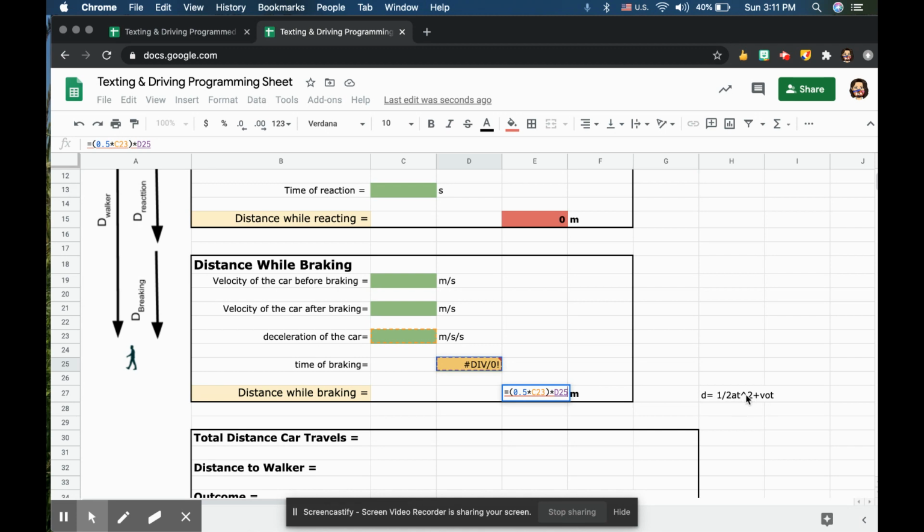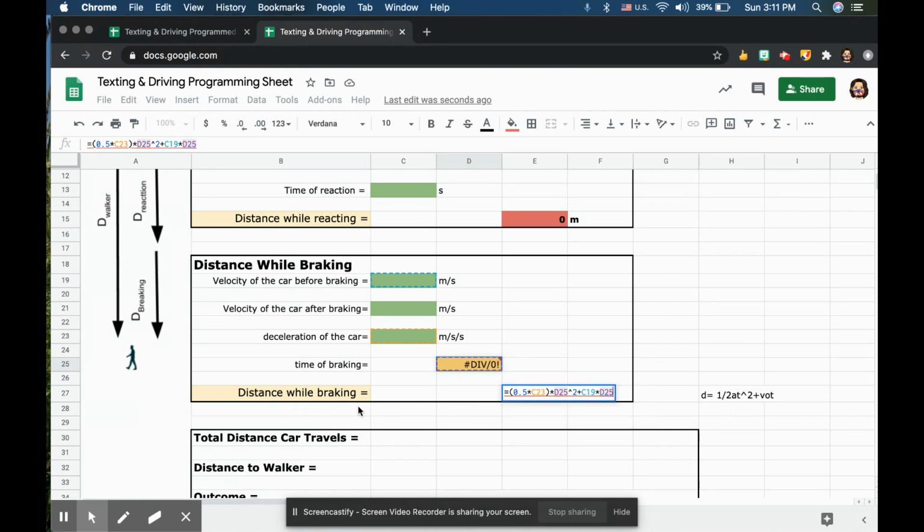So to get this caret to show squaring, I'm going to do Shift 6, which gives me the caret, and type in 2 for squared, plus my initial velocity, which is velocity of the car before braking, C19, multiplied, so Shift 8, by time. So this equation is represented like this in the cells: 1/2 times acceleration times time squared, plus initial velocity times time.